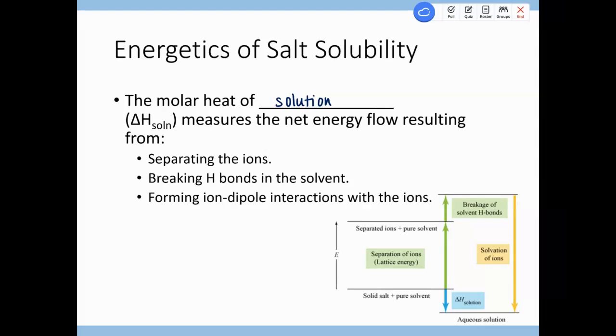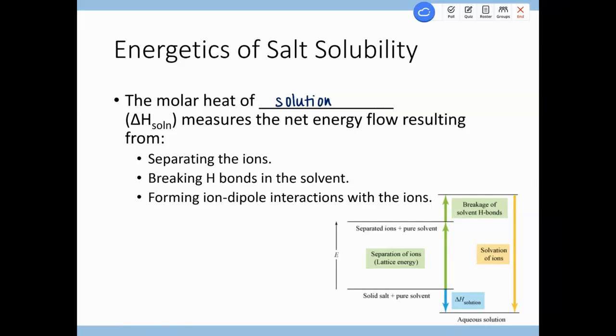This measures the net energy flow resulting from those three things that I mentioned two slides back. So an ionic salt is added to solution. The ions in that solid need to separate for those ions to dissolve. And ions have a certain amount of lattice energy. We briefly talked about that in Gen Chem 1.